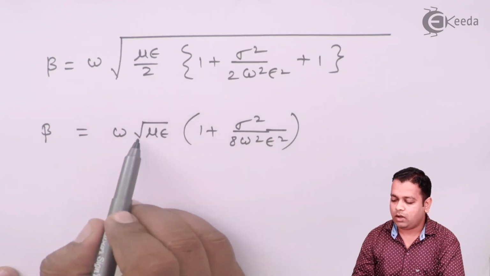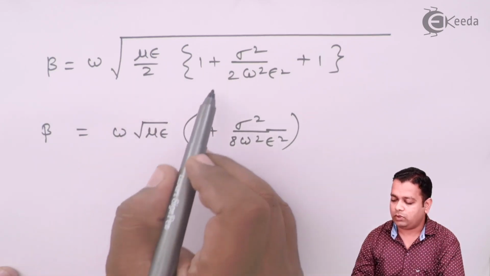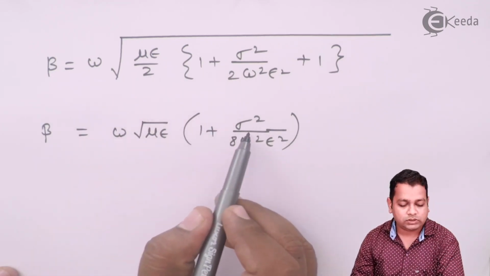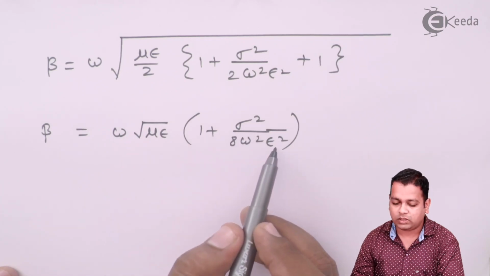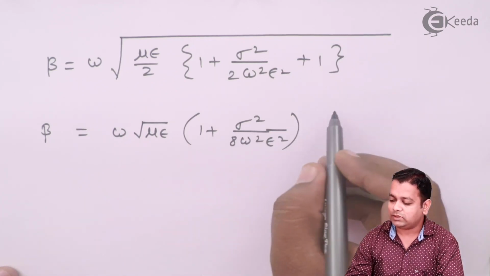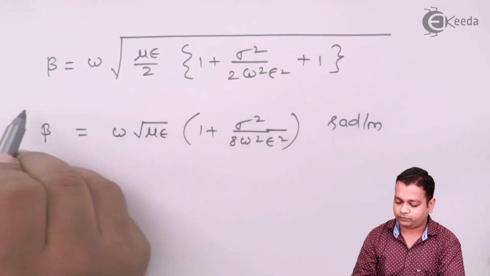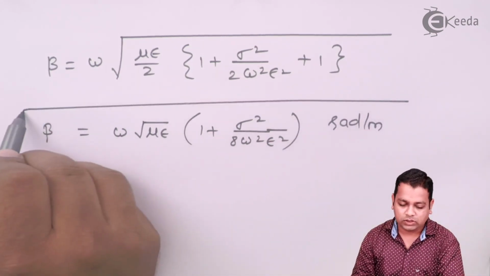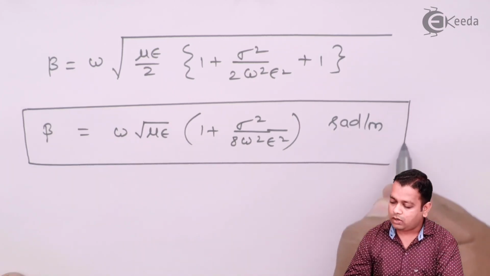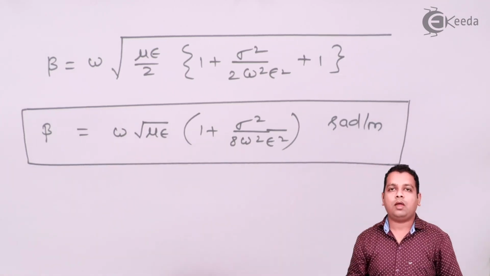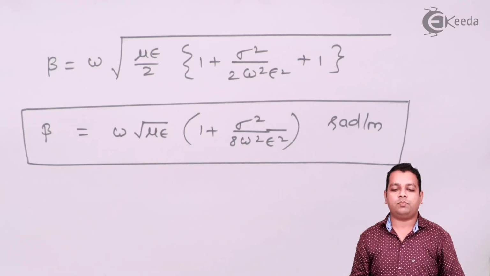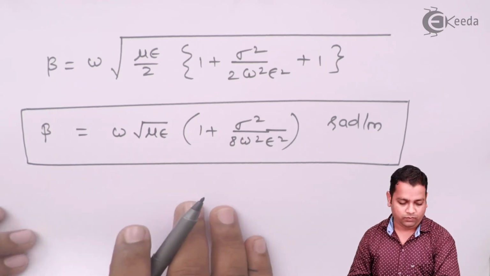So omega under root mu epsilon, we will be left with 1 plus sigma square upon 8 omega square epsilon square. As this is beta, we put the unit, radians per meter. So this way we have derived the simplified formulas for the attenuation constant alpha and the phase shift constant beta.